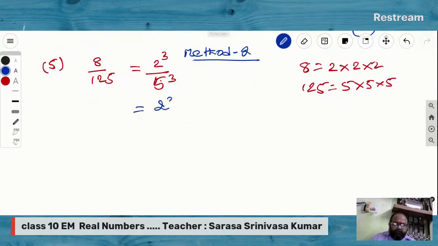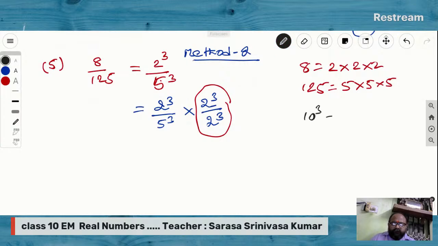This is equal to 2 power 3 by 5 power 3 multiplied by 2 power 3 divided by 2 power 3. This is to get the form 10 power 3 in the denominator. To get 10 power 3 in the denominator, 5 power 3 multiplied by 2 power 3 should be there. So the given number is multiplied and divided by 2 power 3. So this is equal to 2 power 6 by 10 power 3.